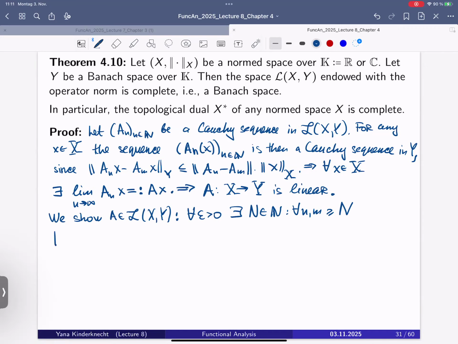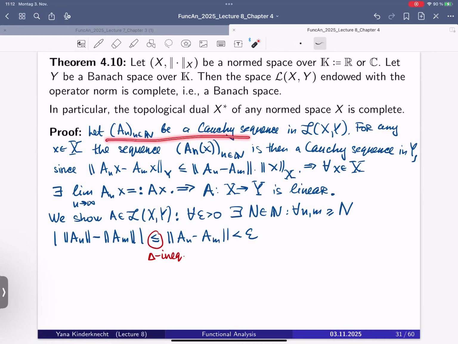The absolute value of the difference of the operator norms of A_n and A_m is smaller or equal than the norm of A_n minus A_m. This is the triangle inequality for the operator norm. But this is smaller than epsilon because A_n is a Cauchy sequence.